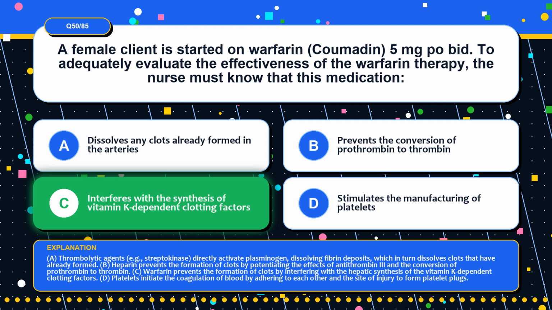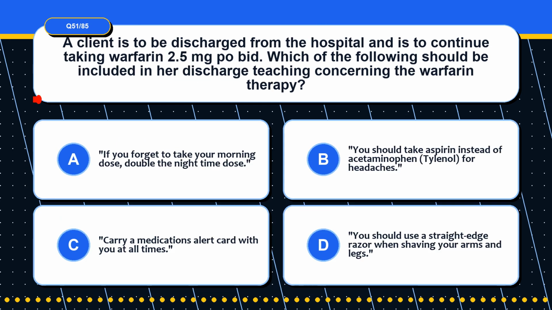B. Heparin prevents the formation of clots by potentiating the effects of antithrombin III and the conversion of prothrombin to thrombin. C. Warfarin prevents the formation of clots by interfering with the hepatic synthesis of the vitamin K-dependent clotting factors. D. Platelets initiate the coagulation of blood by adhering to each other and the site of injury to form platelet plugs.